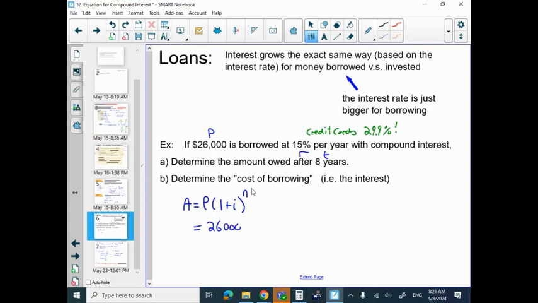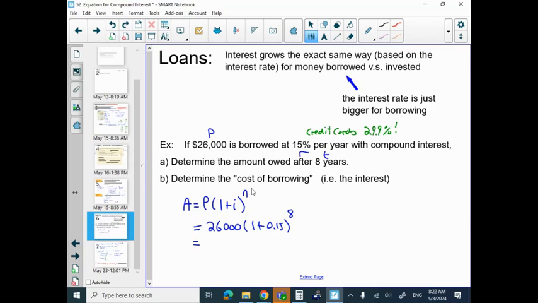So the 26,000, the 1 plus the 15%, so 0.15, convert it to a decimal, and the power of 8. So this would have 8 rows of calculations where you get the interest added on, get the new interest, add that on, get the new interest on that bigger number added on, and so on, right? 8 full lines.